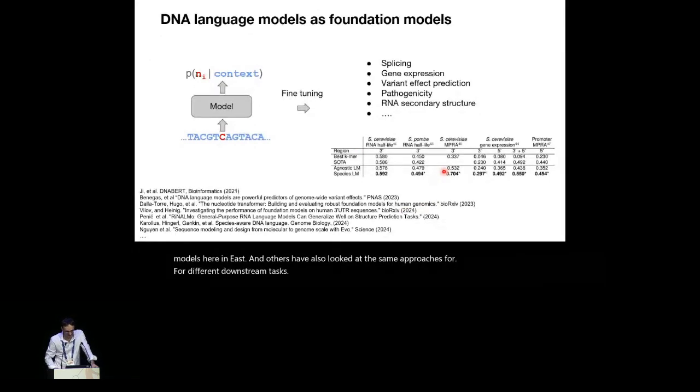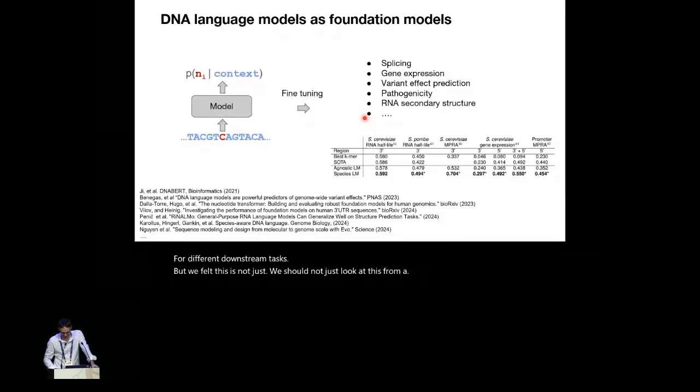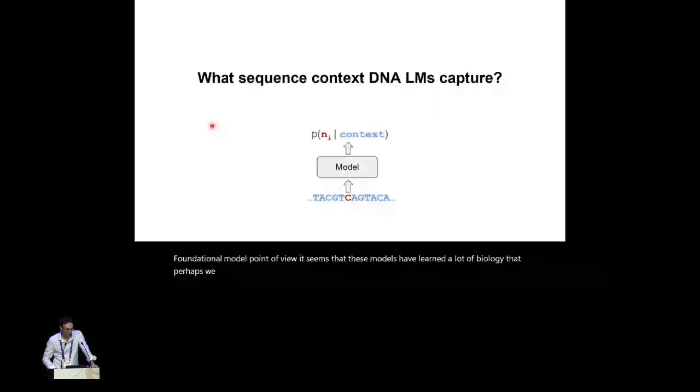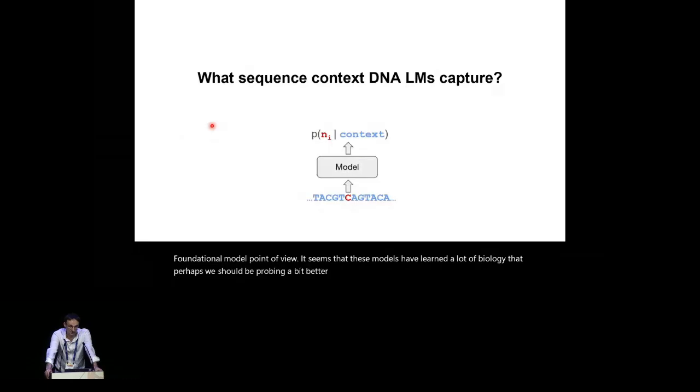But we felt we should not just look at this from a foundational model point of view. It seems that these models have learned a lot of biology that perhaps we should be probing a bit better than just by performing prediction tasks.